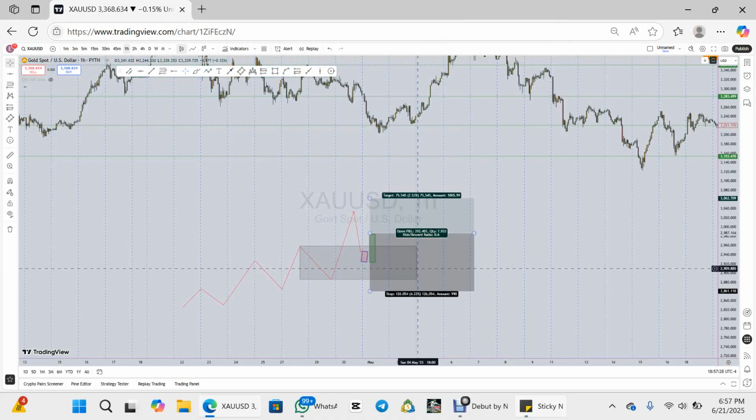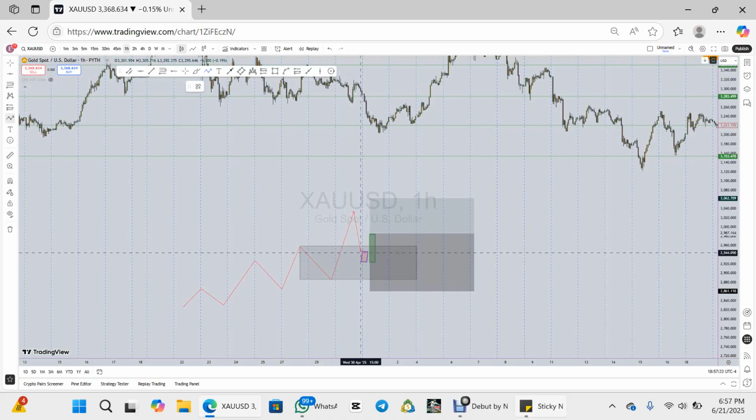So what that is saying is, let's say for instance price comes to this point, to this box here, and didn't give you this engulfing, and it breaks it. Once it breaks it, if it comes back to it, this zone becomes a swap zone. So I expect that if it gives you a bearish engulfing this time, price should continue downwards.